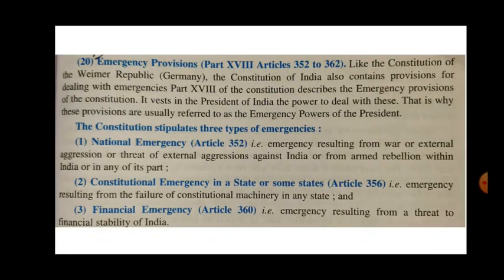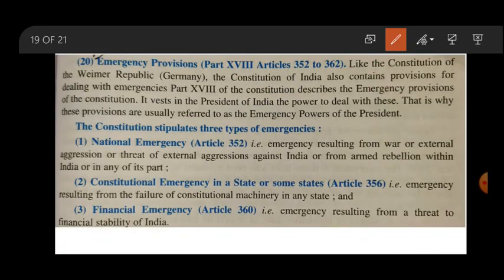Next, we have emergency provisions. Emergency provisions are in Part 18, Articles 352 to 362. Like the Weimar Republic of Germany, these emergency provisions of the Constitution of India are derived from the Constitution of Germany.